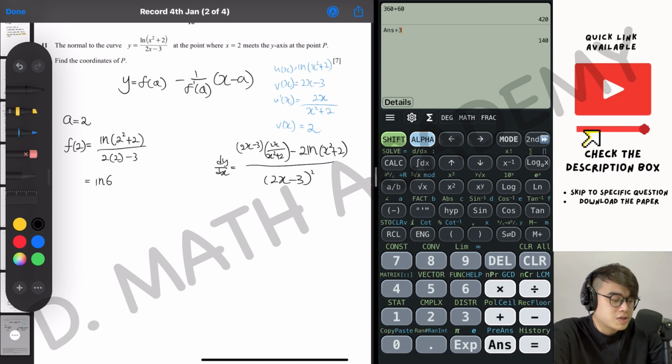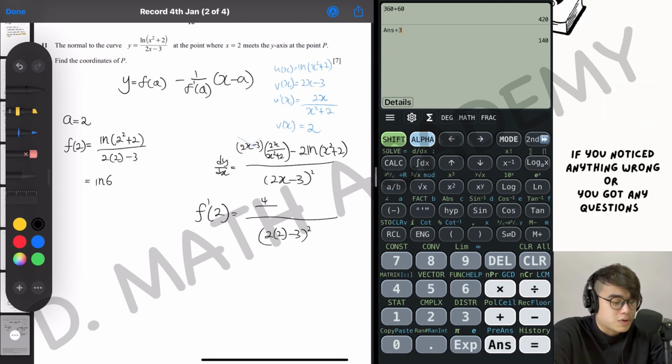So with this, your so-called f prime, which is your dy/dx with 2 substituted in, you will get the following. So just fill in the blank first. 2 times 2 is 4, so it's 1. Nothing for you to do at the front, because they are cancelled off entirely. Then this one is gone, basically.